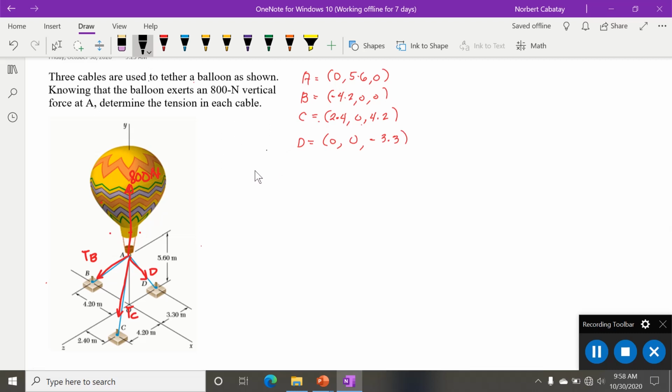So, dun muna tayo for force na 800 Newton. So, sa 800 Newton, sabihin ko ay force F na lang. Ano po? Yan. So, si force F, the force F in terms of vector form is the magnitude of F, which is 800, multiplied by its lambda.